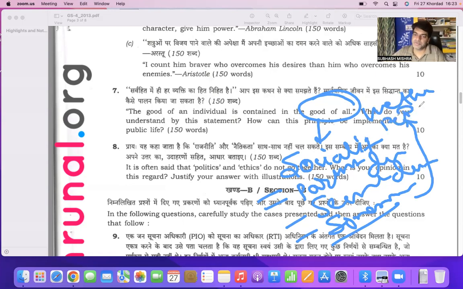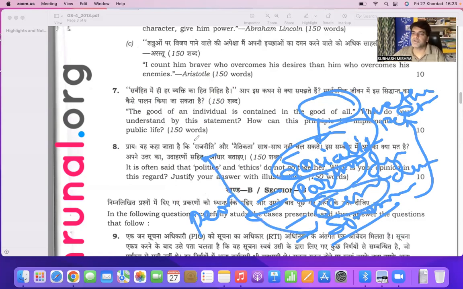Socialist means socialistic, communistic tendencies. Parliamentary democracy is talking about people's rule, that is democratic rule, demos plus kratos. Secular: when we are secular, we are not favoring one or two religions, but all religions are equal to us. We see the good things in all religions. So the good of all will happen through secularism.